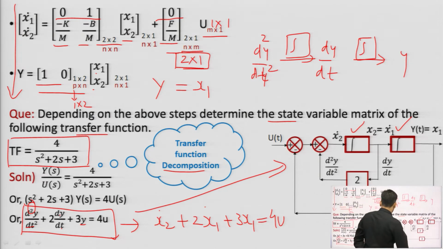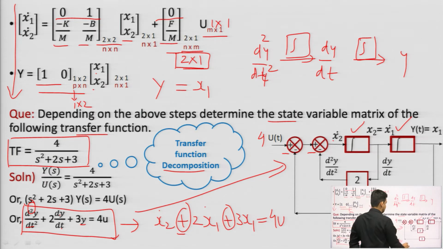Now you can see the highest order term, x 2 dot, will be the first. A plus symbol is coming here, a second plus is here, it means I have to use 2 adders. Then the input is coming from this side, it means 4 times u is coming here. At this adder, this is the second adder regarding the x 2 dot.